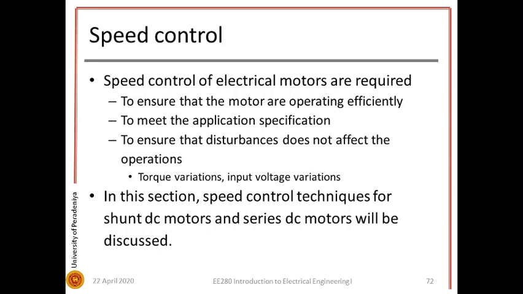So to make sure that you are operating at a certain speed or torque, you need to control the speed of the motor. By doing that, you may be increasing the efficiency, or you may meet the application specifications, or you may be negating the disturbance acting on the motor.